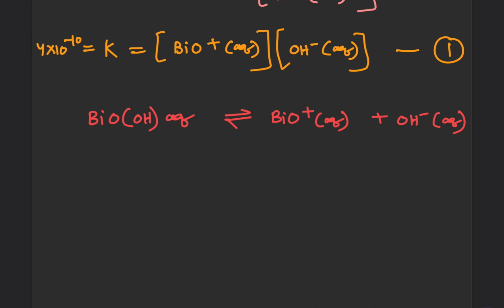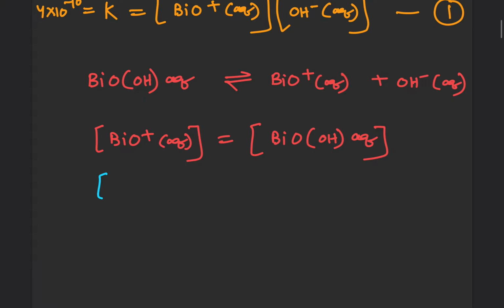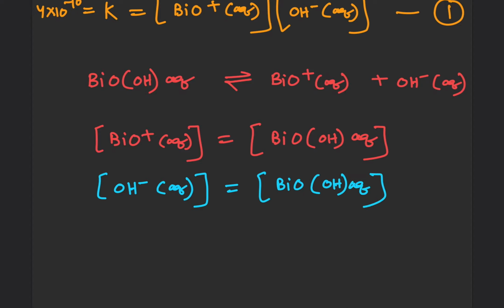So I can write concentration of BiO plus aqueous will be equal to concentration of BiOOH aqueous, and concentration of OH minus aqueous will be equal to concentration of BiOOH aqueous. This is also because their stoichiometric coefficient is 1.